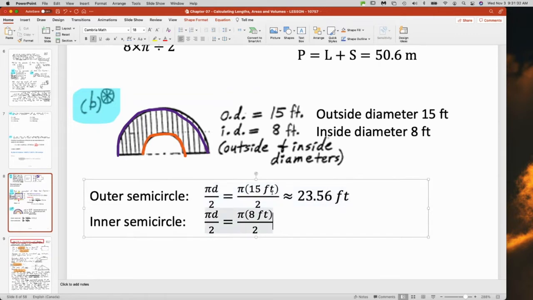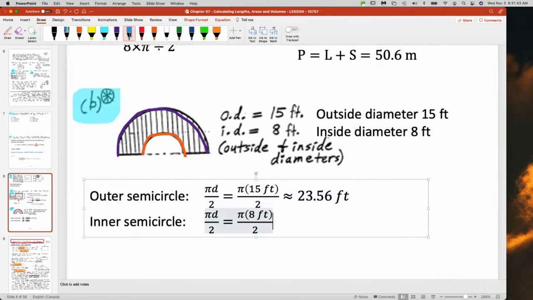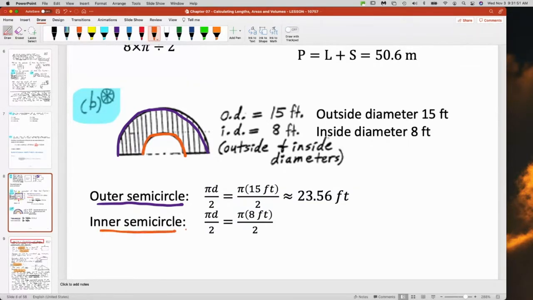Okay. Are there any questions about those two formulas? Let me know in the chat. Okay, so see, the outer semicircle is the purple one, and the orange one is the inner semicircle.